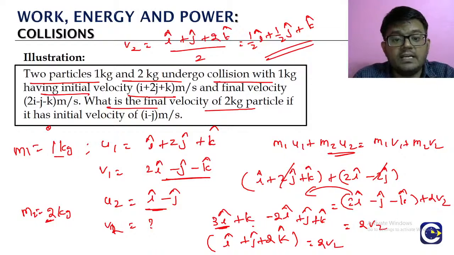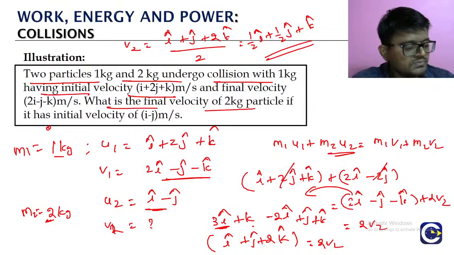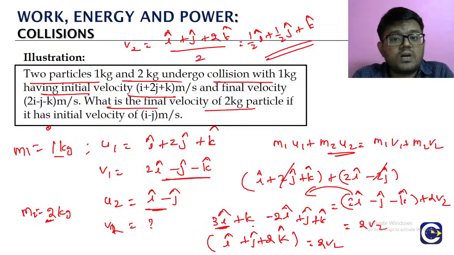Those kinds of collisions we will call elastic collisions. So what do we call them? Elastic collisions. Okay? If kinetic energy is not conserved, we will call them inelastic collisions. We will see the classification.